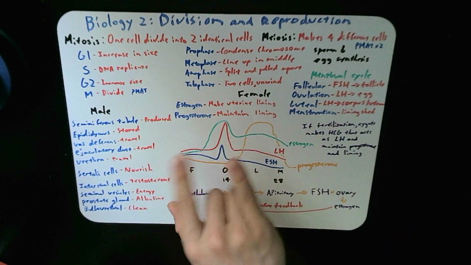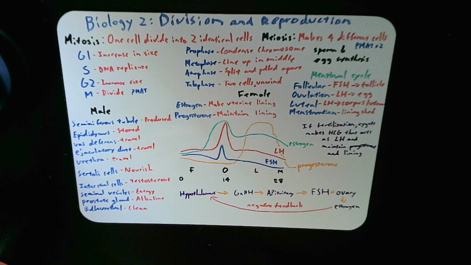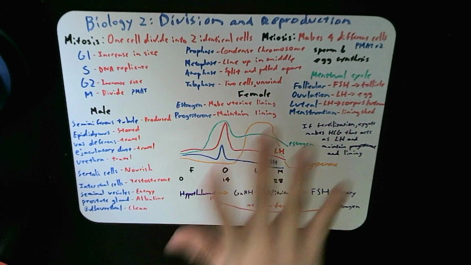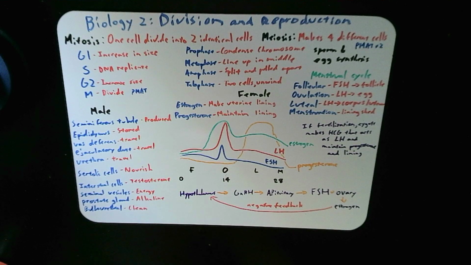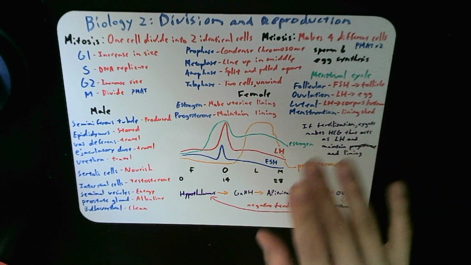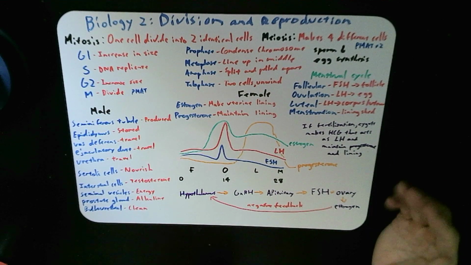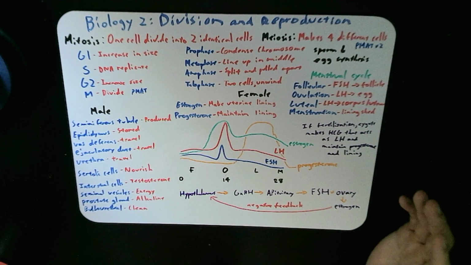In the female reproductive system, there are the vaginal canal, which the sperm goes through, and the main part is the ovary, where the egg is produced and stored.